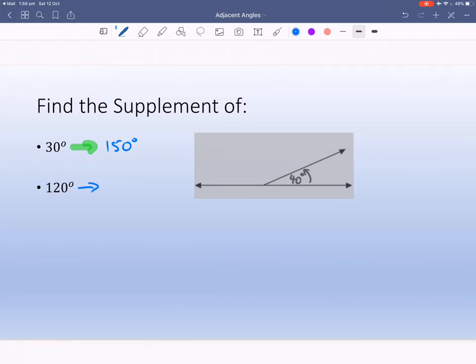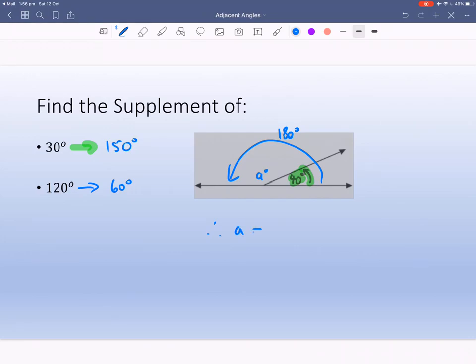What's the supplement of 120? How many more do we need to get to 180? 60 degrees. And let's call this A. What's the supplement? Well, we've got 40 degrees here. So how many degrees do we have left? This total is 180 degrees.